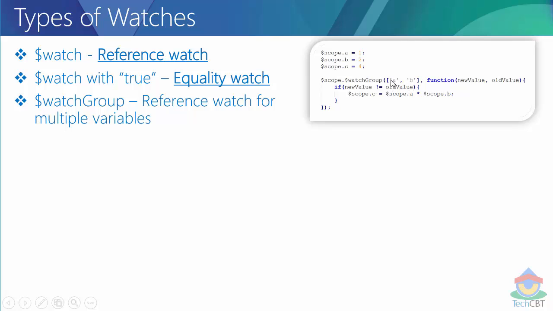So if you define 10 watch variables here, and the value of any of those 10 variables is modified, then the watch listener gets automatically executed. This is just a convenient method which still works around $watch. And just be careful here, watchGroup doesn't support equality watch, so you can't provide true here at the moment.